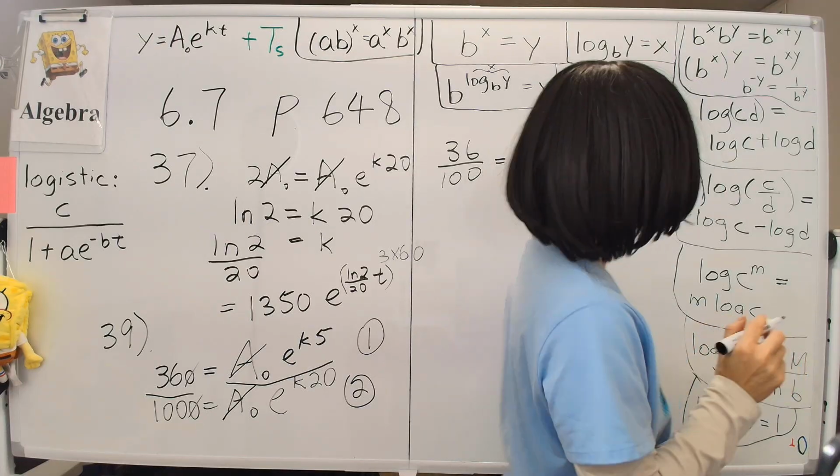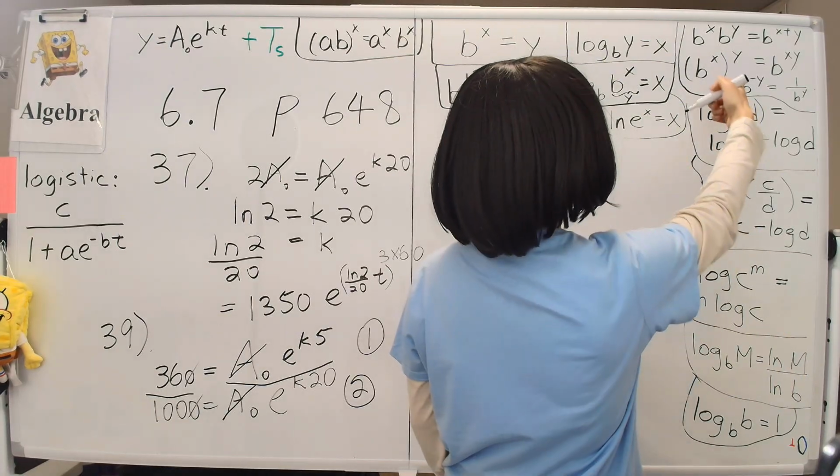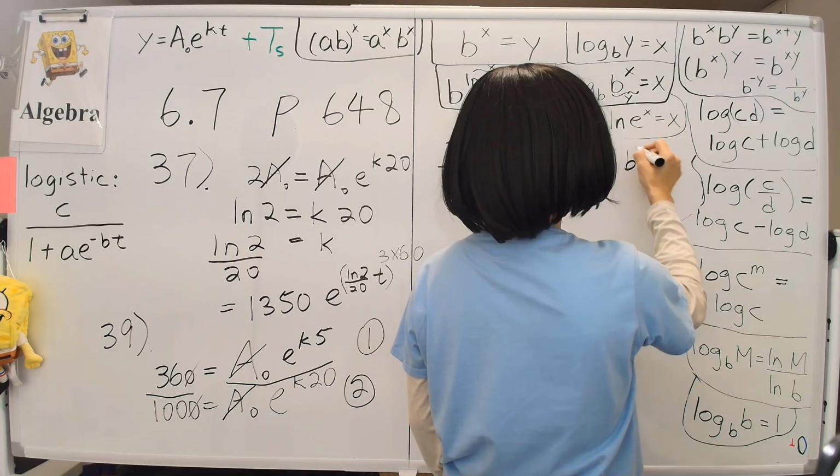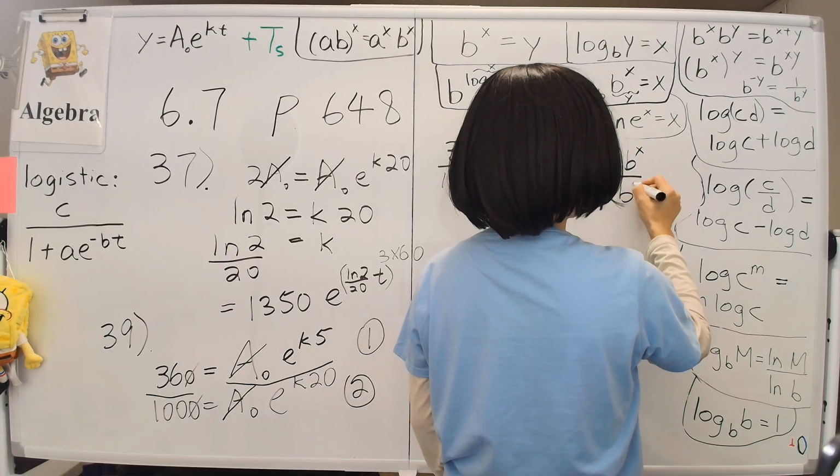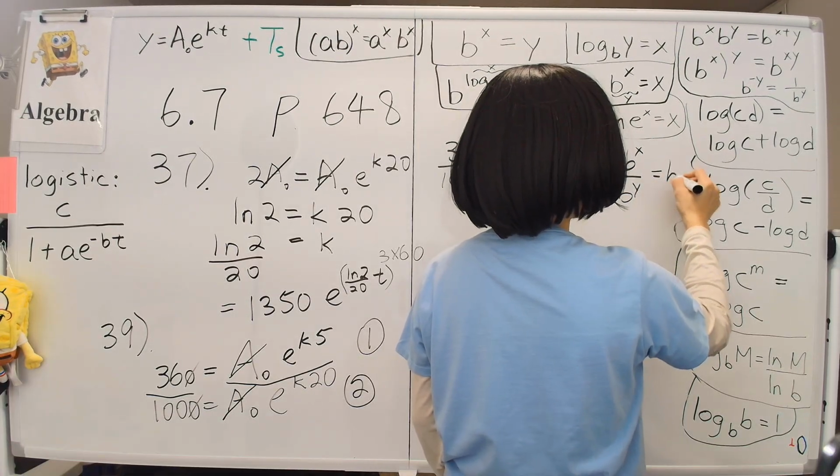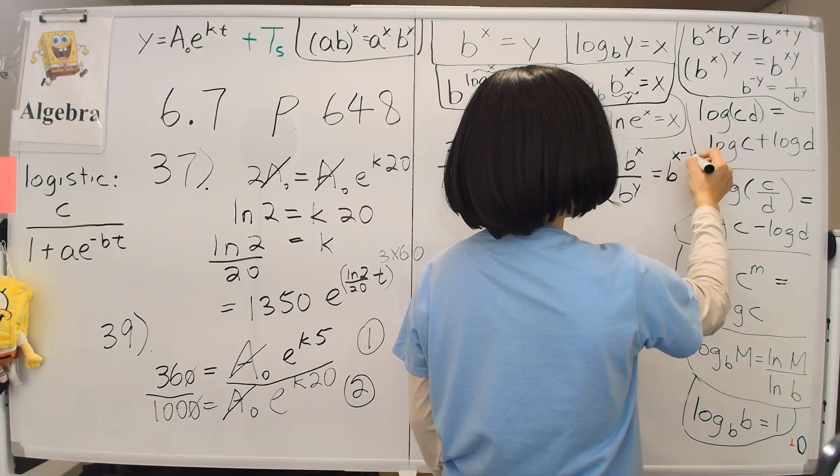Maybe I should write it down here. Another way of saying this is b^x divided by b^y. If you do this, this is the same as b to the power x minus y.